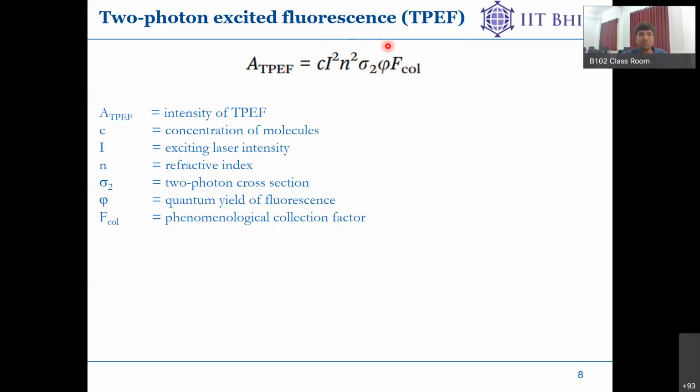So all these factors will be influencing it. If you want to calculate sigma 2, either the absorption cross section, which is a multiplication of sigma 2 and the quantum yield, you need to have so many parameters, which are sometimes very difficult to measure in the laboratory for every material.